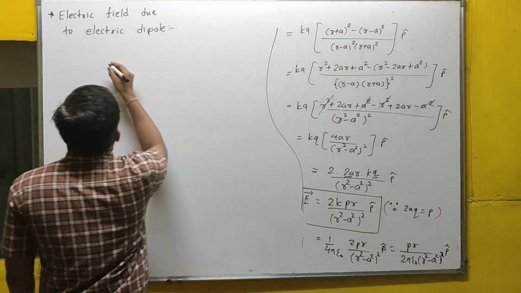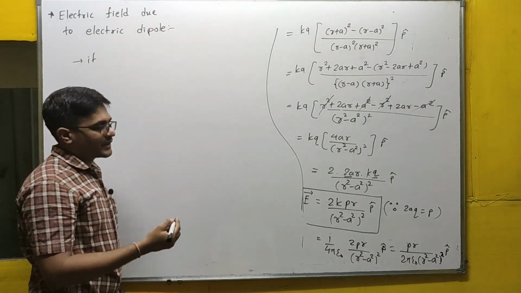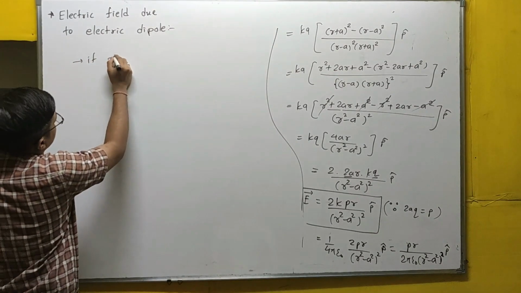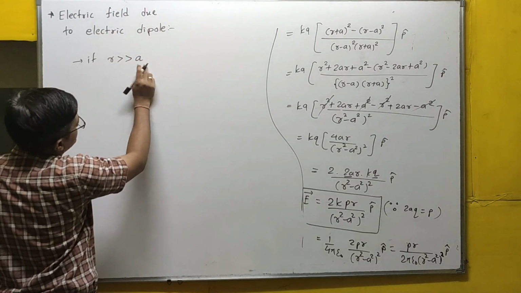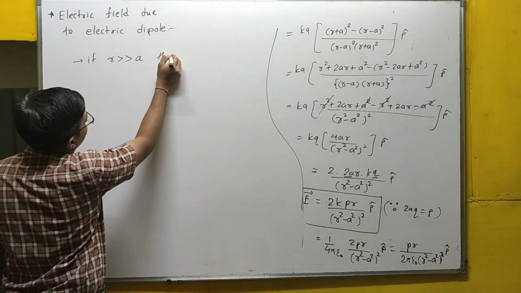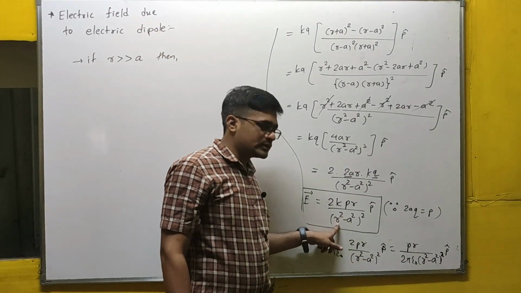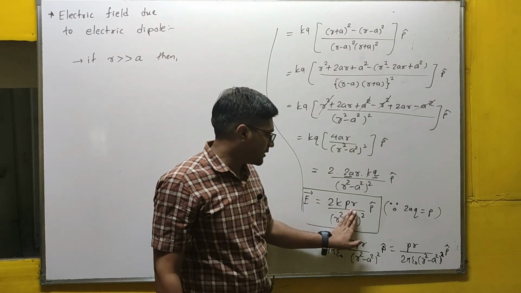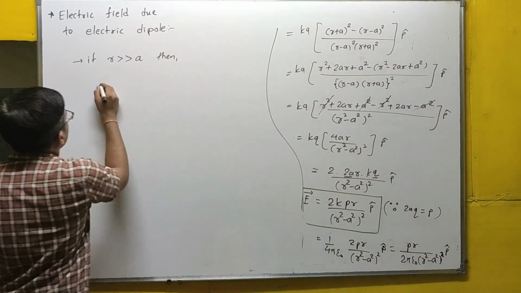Now if the point P is very far from the dipole, means if this distance R is very much larger than A, then what happens? Then you can ignore this A compared to this R. So ignoring A, it becomes R square into square, meaning R power 4.